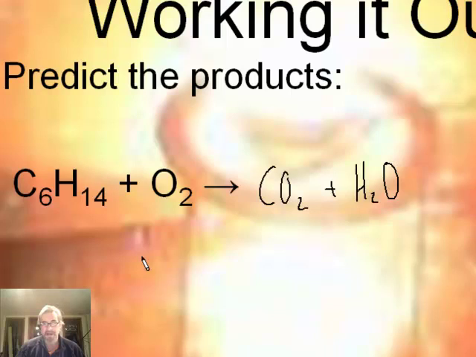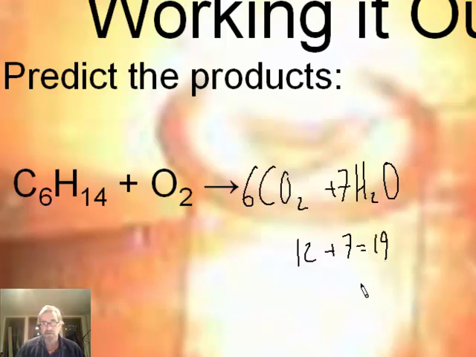I start out with carbon. There's 6 carbons on the left, so I need a 6 here to balance carbon on the right. There are 14 H's on the left, so if I put a 7 in front of water, I get my 14 H's. Now, I'll add up all the oxygens on the right-hand side and see what I've got. 6 times 2 is 12, plus 7 is 19.